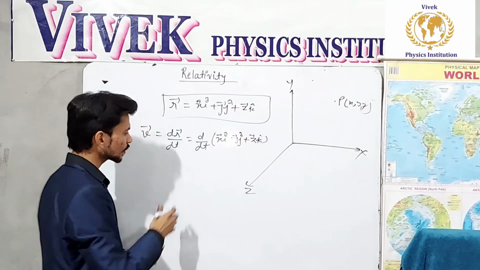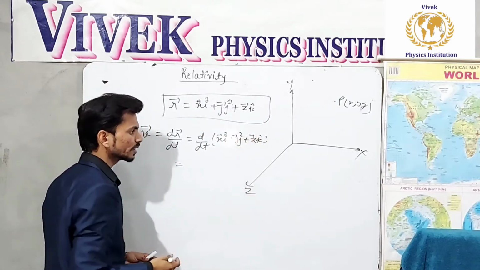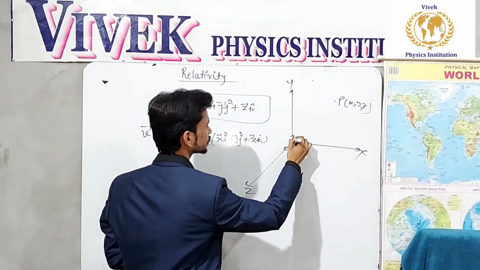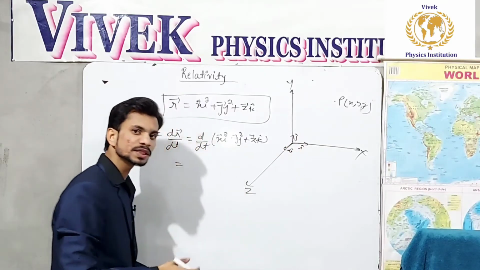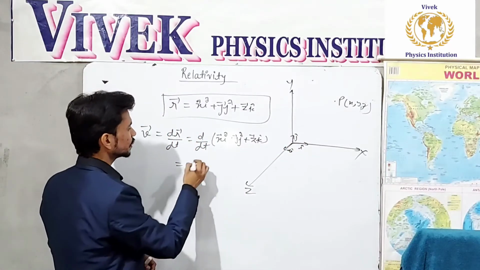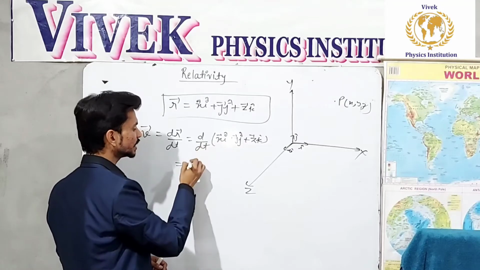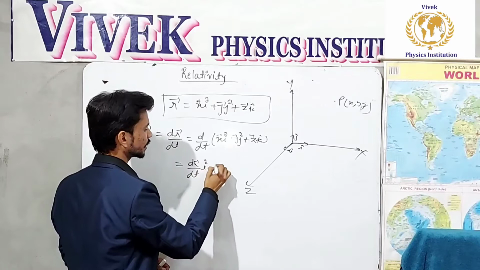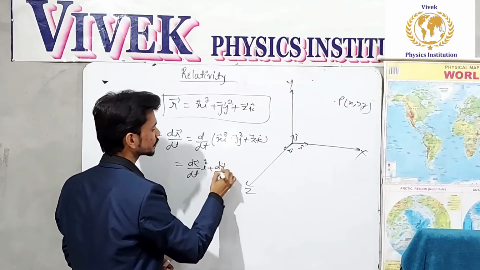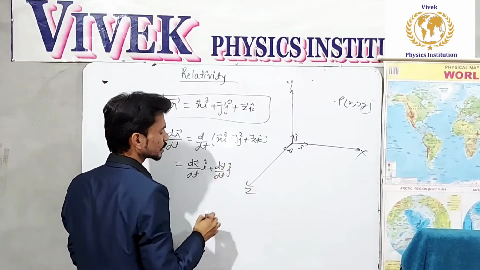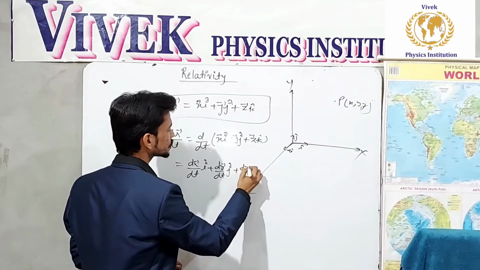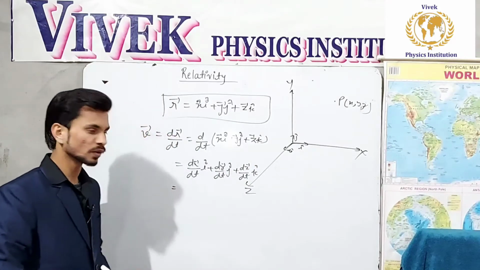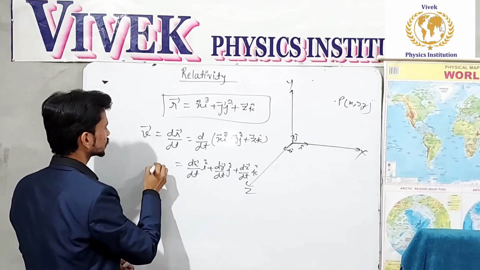Now i, j and k are the three unit vectors along x, y and z direction respectively. So these are constant unit vectors. Then the differentiation will take place: dx over dt times i cap, plus dy over dt times j cap, plus dz over dt times k cap. Okay, so this is what we have, the velocity.